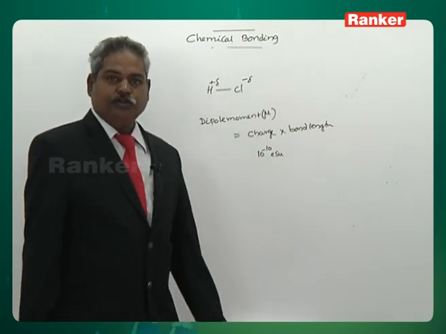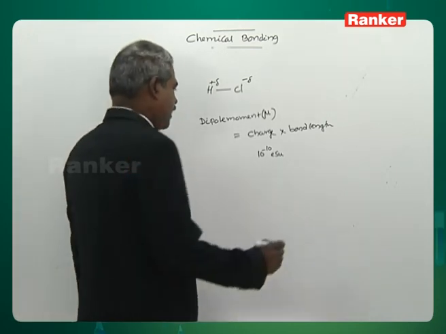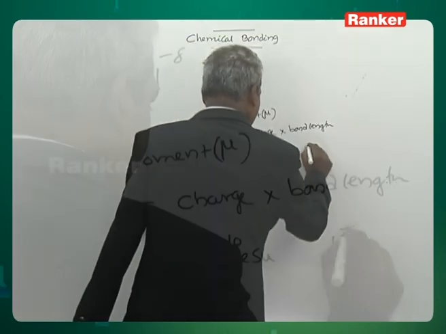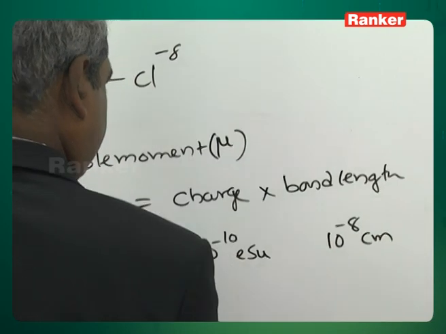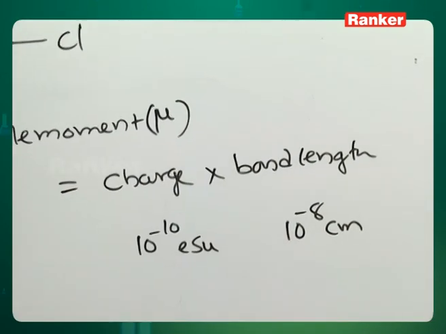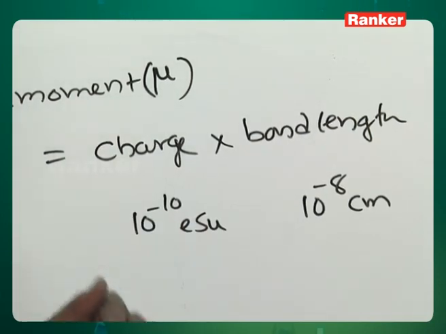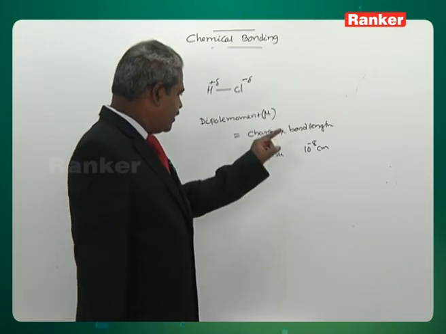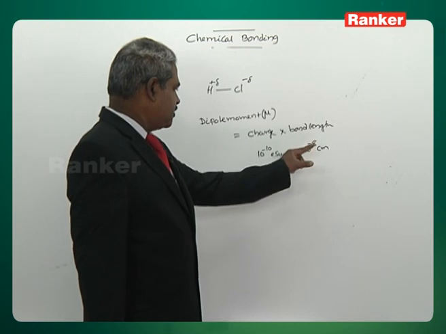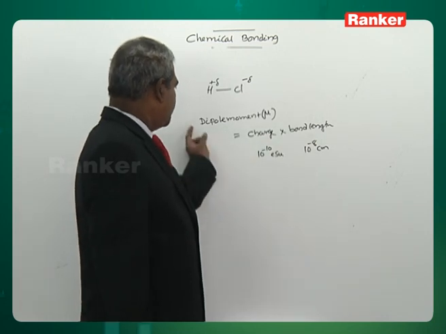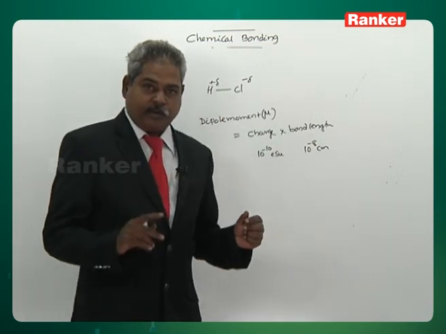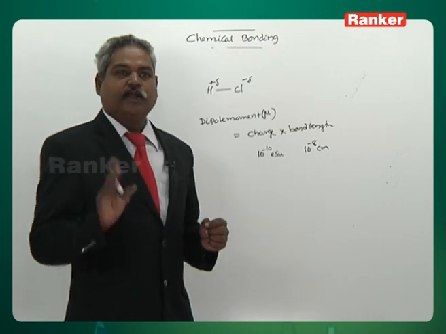And bond lengths are usually measured in angstrom. They are of the order 10 power minus 8 centimeters. It can be 1 angstrom, 2 angstrom, 1.4 angstrom, depending on the bond length. But angstrom means 10 power minus 8 centimeters. Charge that can be transferred may be 1 electron, 2 electrons, half an electron.